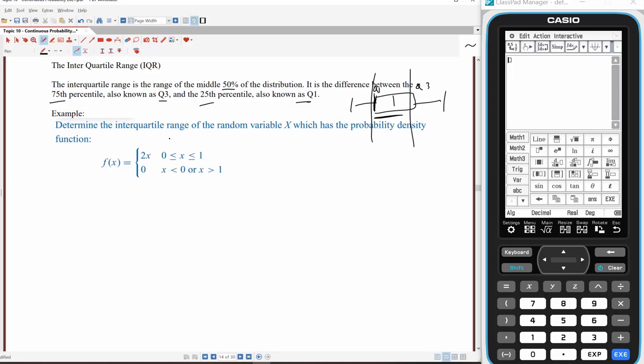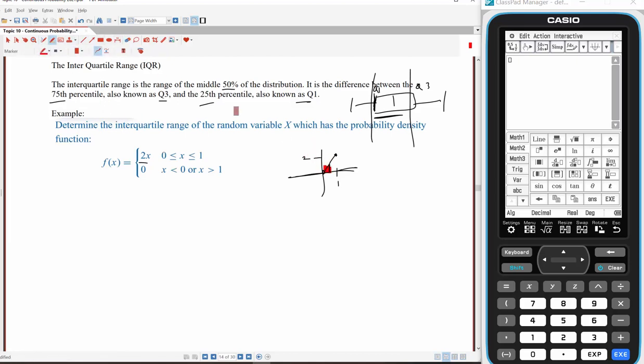Okay, so let's just see how it works with a continuous random variable. So sketch the graph: 2x between 0 and 1, and 0 elsewhere. Basically, we want to know the 25th percentile, so we want to know when the area here is going to be 0.25.